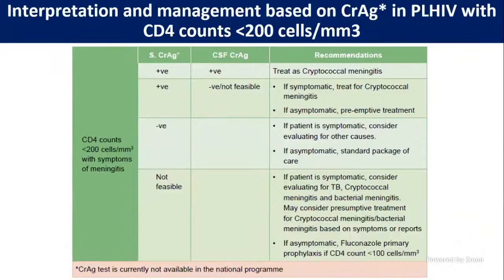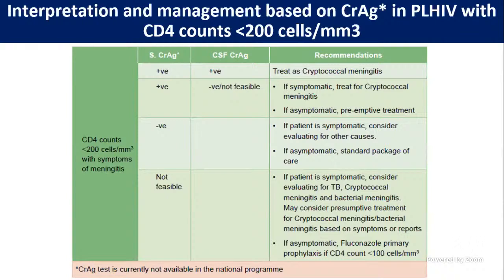Suppose the serum CRAG is positive, and you are not able to perform a CSF CRAG, either the CSF is not possible or the CRAG is not available, then if the patient is symptomatic, you will treat for cryptococcal meningitis. However, if the patient does not have features of meningitis, then you will give preemptive treatment because serum CRAG is positive. If, however, the serum CRAG is negative, then if the patient is symptomatic for meningitis or having some other neurological symptoms, you will look for other causes. And of course, if serum CRAG is negative and patient is asymptomatic, you will deliver the rest of the standard package of care.